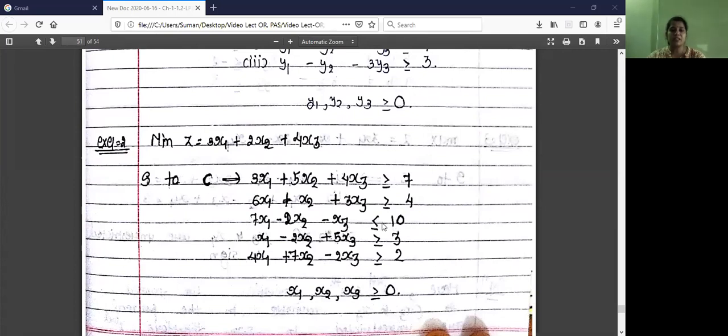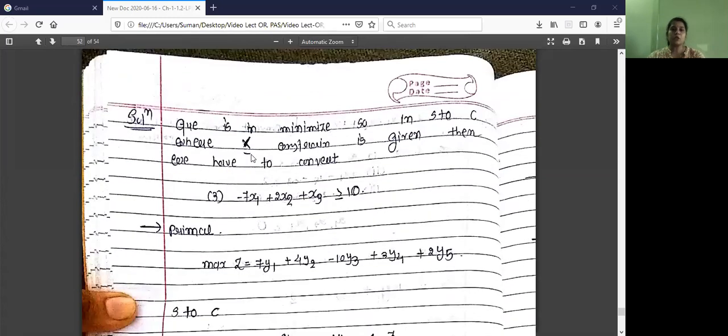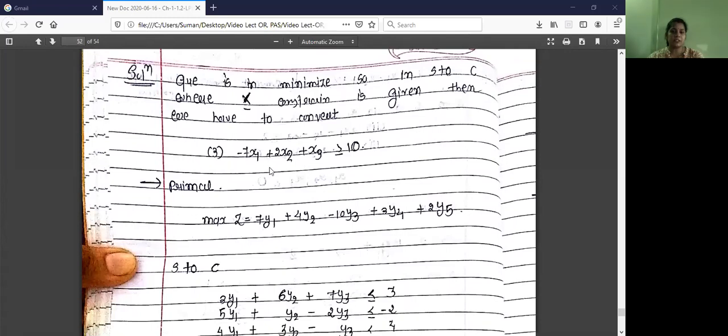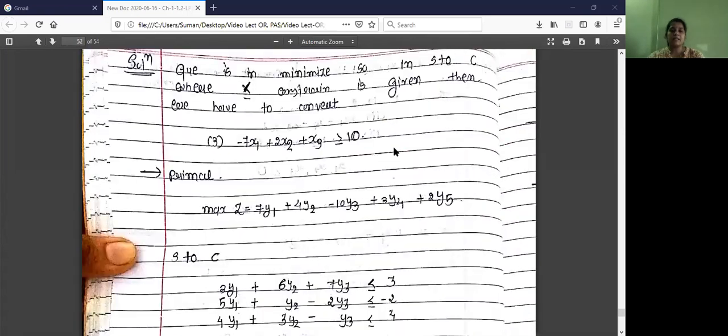So this equation becomes minus 7x1 plus 2x2 plus x3 greater than equal to minus 10.